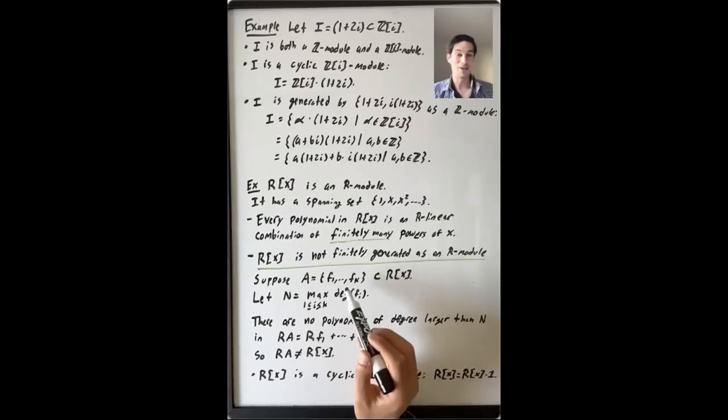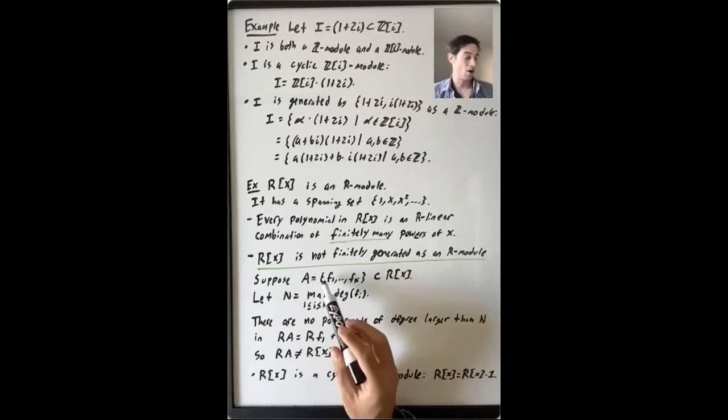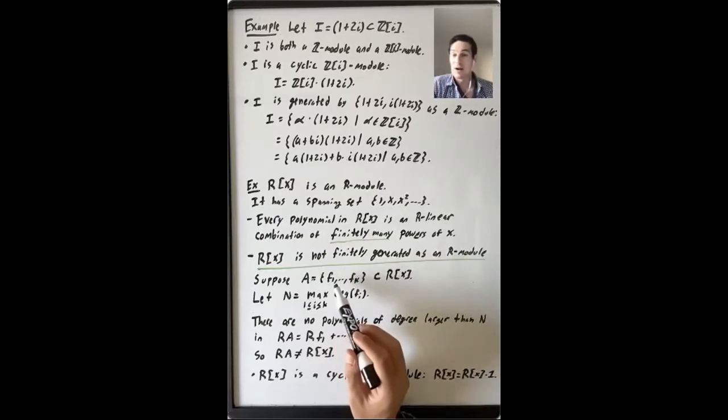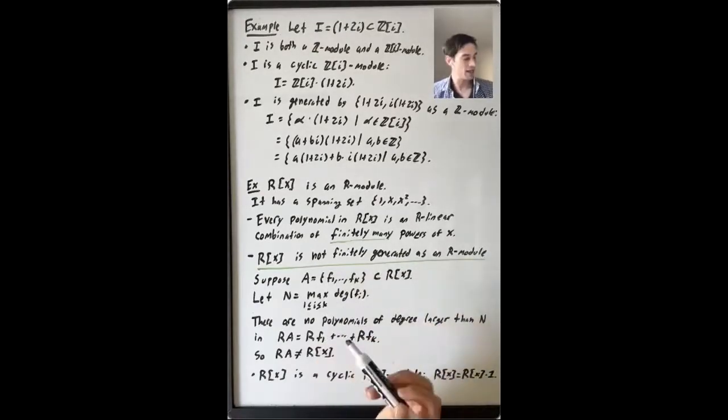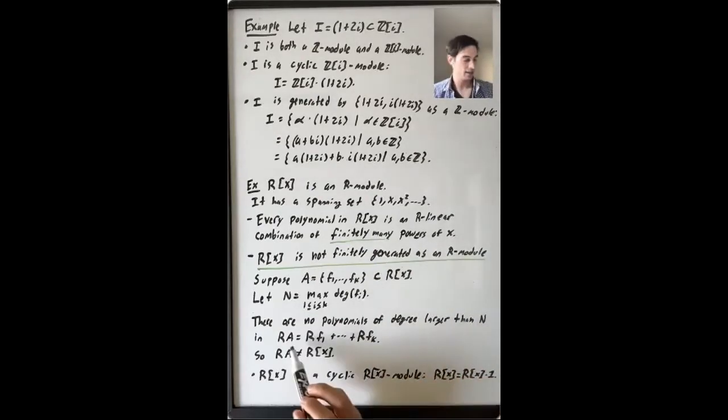Those coefficients are polynomials of degree 0. You take some ring element r times f1, and you're getting either 0 or something that has the same degree as f1, or at least the degree doesn't go up. You have some issues if R is not an integral domain, but the degree can't go up. There are no polynomials of degree larger than n in this module.